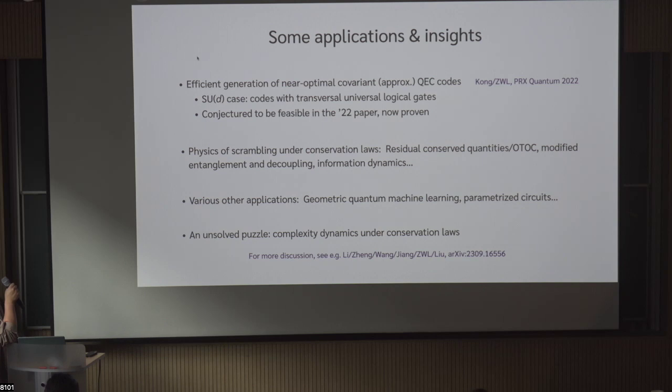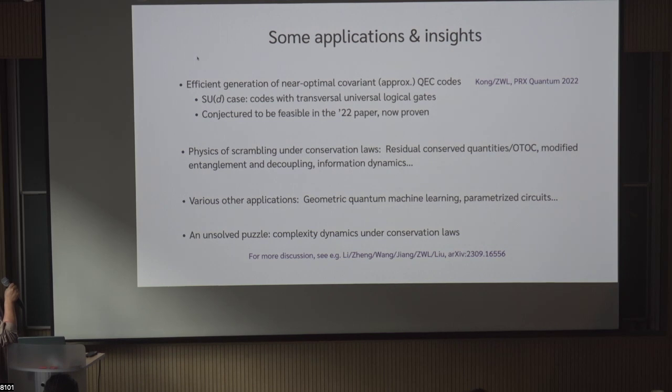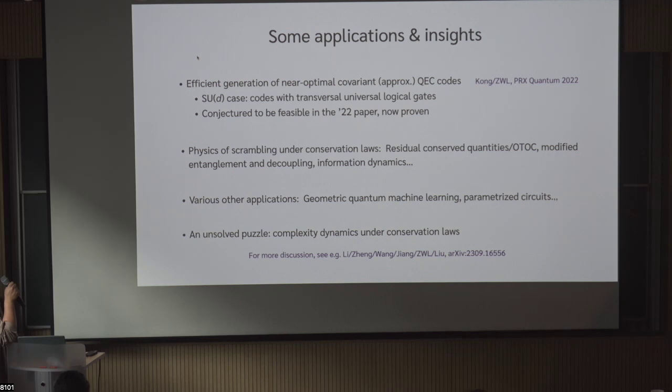And we also have some other technological applications in the context of things like geometric quantum machine learning and parameterized circuits. Here, let me throw a stone, something that I wanted to understand: because here we only prove efficient convergence to two-designs, we cannot use the design-based arguments for complexity yet. So here, it will be interesting to understand the circuit complexity dynamics under conservation laws, to understand things like whether they still grow linearly.